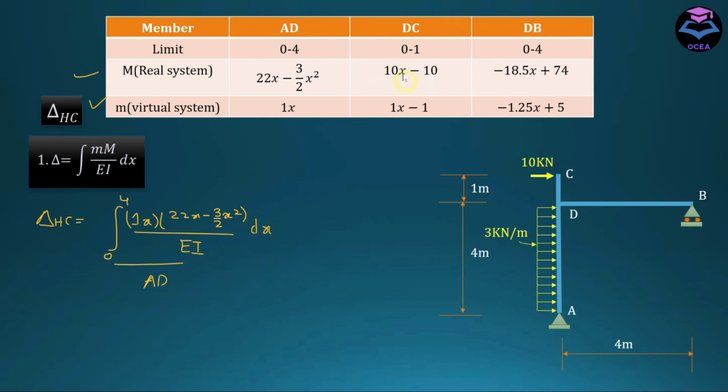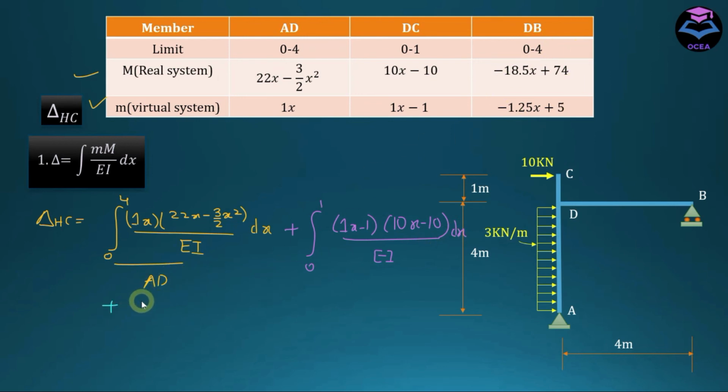Now let's write the integral for DC member. So this becomes 0 as the lower limit and upper limit is 1, and small m is equal to 1x minus x, and capital M is equal to 10x minus 10 over EI into dx. And we have this last member.